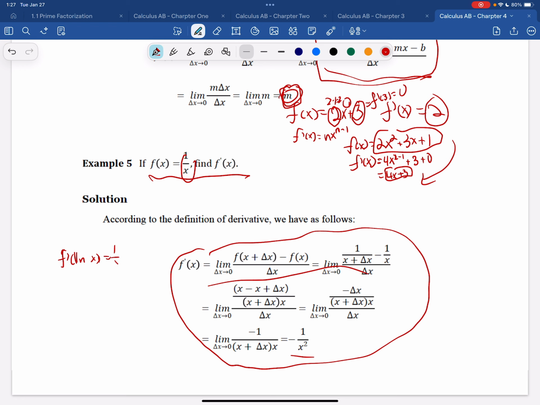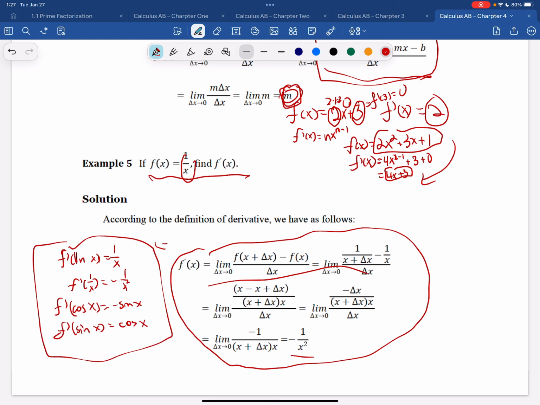Same, f prime of 1 over x is equal to negative 1 over x squared. And then f prime of cosine x is equal to negative sine x, and f prime of sine x is equal to cosine x. So these are the few functions you need to memorize while taking the AB, so you don't have to go through all these steps again.